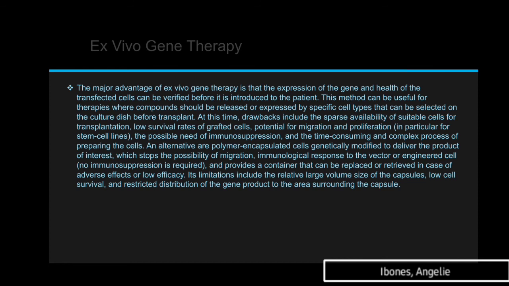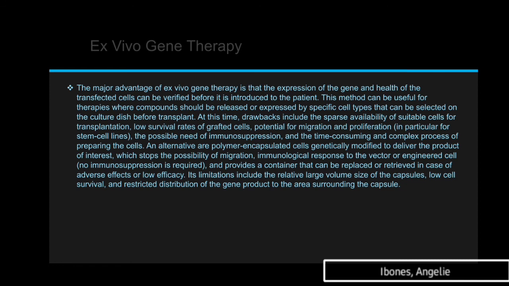At this time, drawbacks include the sparse availability of suitable cells for transplantation, low survival rates of grafted cells, potential for migration and proliferation, in particular for stem cell lines, the possible need for immunosuppression, and the time-consuming and complex process of preparing the cells.